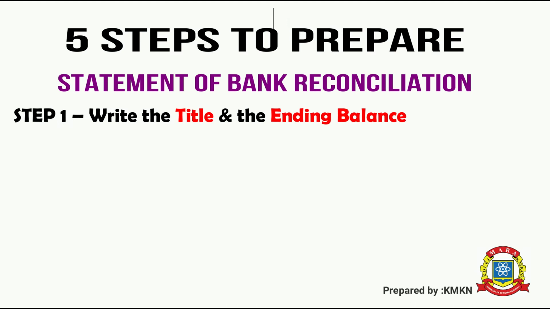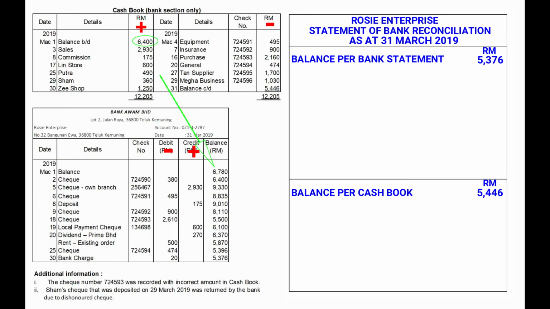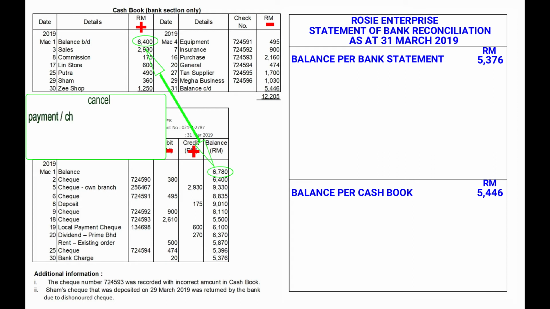Now we go for step 2. Ensure both opening balance are the same. If it do not tally, we can make them tally by cancelling payment or check that has been issued in the previous month and deposit that had been received in the previous month.